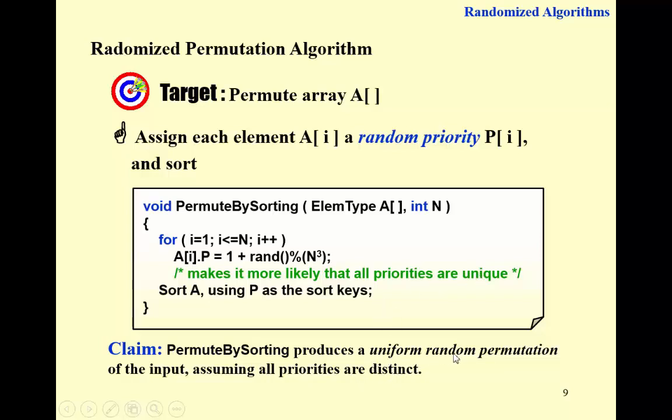And this uniform random permutation is what? Say, given n numbers, how many different permutations do we have? N factorial, right? And uniform means that each of the n factorial permutations is equally likely to happen.